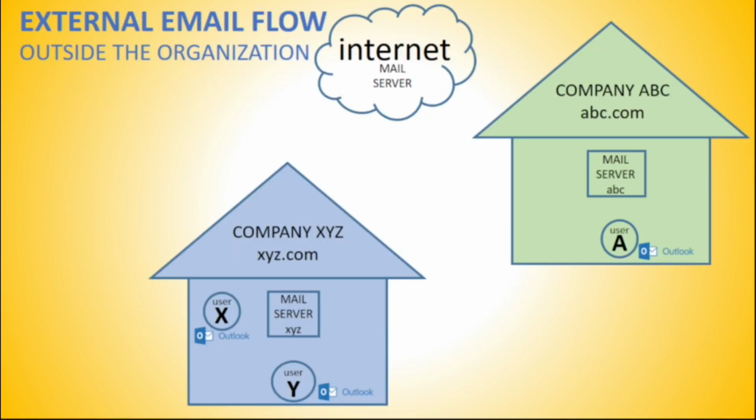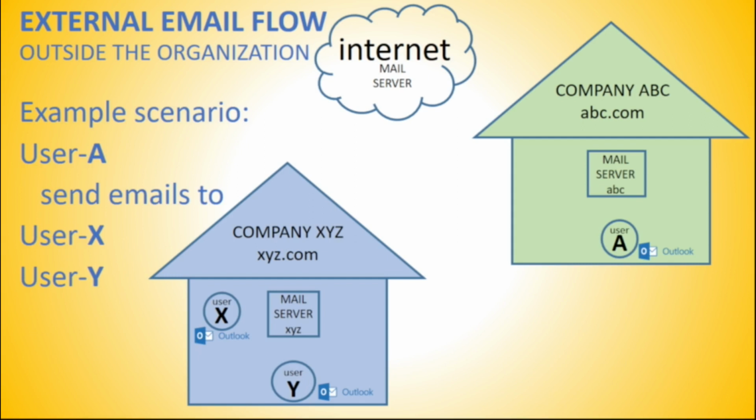Now let's consider external email flow. When user A composes and sends an email to user X and user Y, the mail server of company ABC knows these user X and user Y are external users. However, the mail server ABC does not know the location of user X and user Y. Then it routes the email to the Internet for processing.